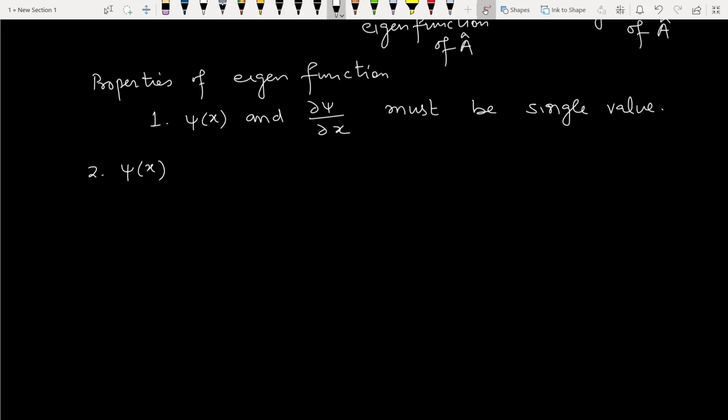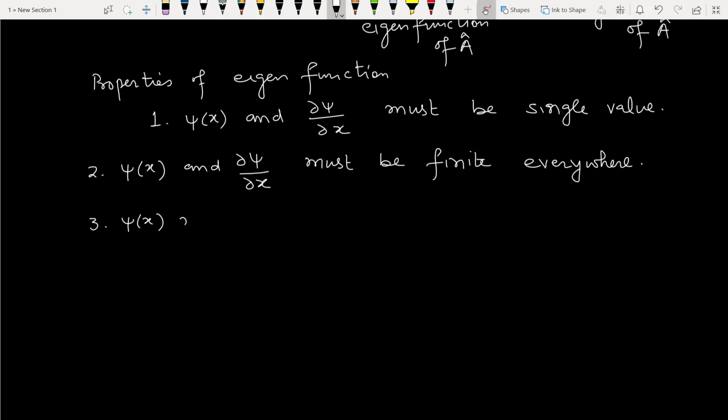They must be finite everywhere, with a definite value. ψ(x) must be continuous everywhere.